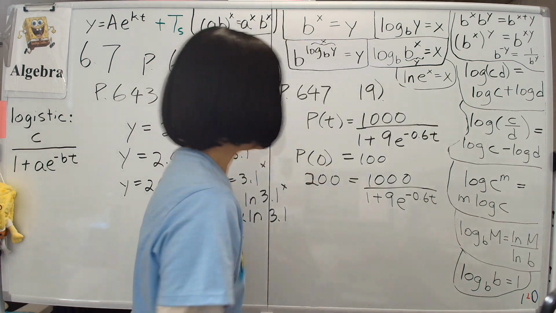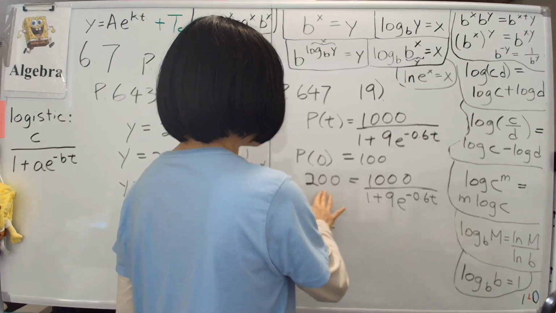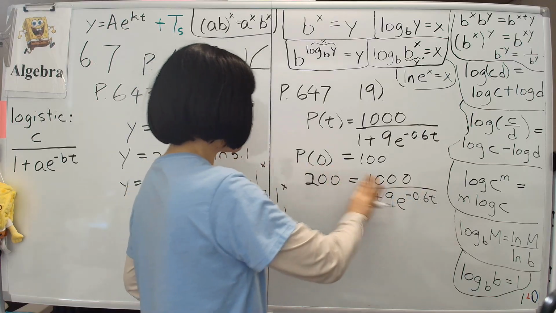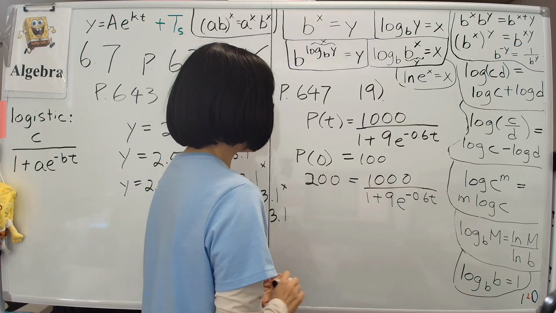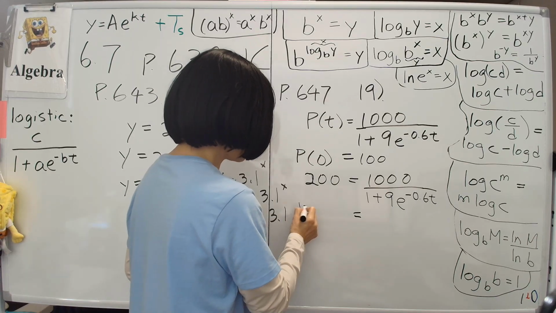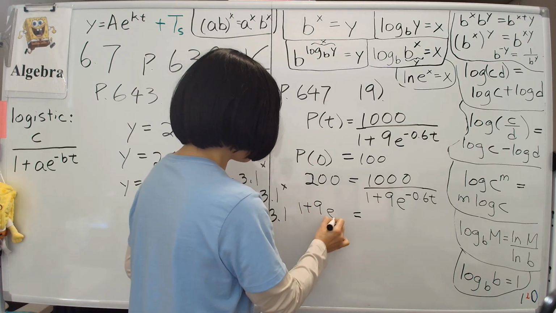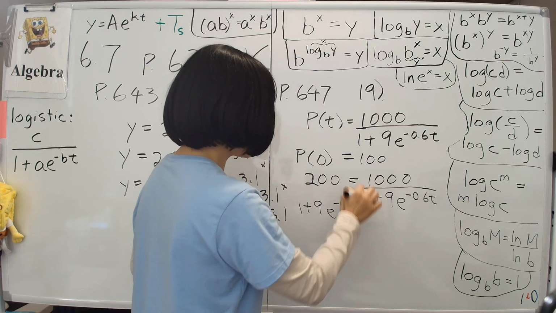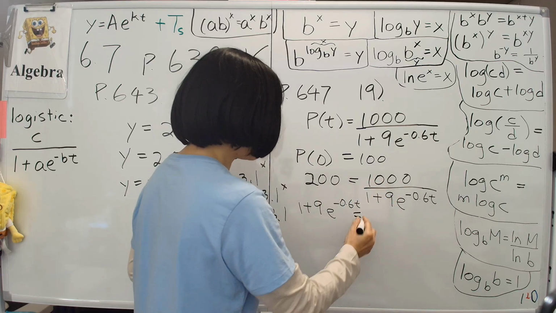In other words, we need to solve this equation. We push this thing up here and push the 200 down here. Then 1 plus 9 e to the power minus 0.6 t is going to be equal to 1,000 divided by 200, which is 5.